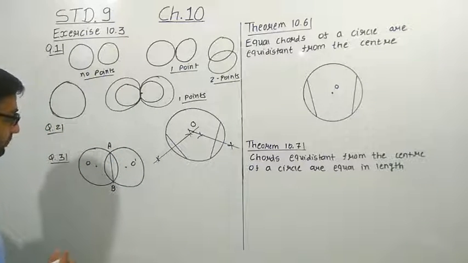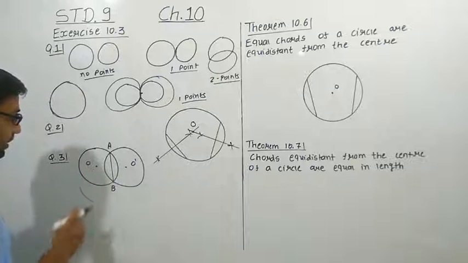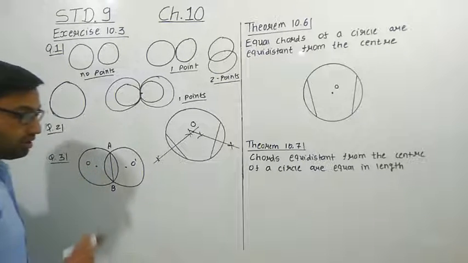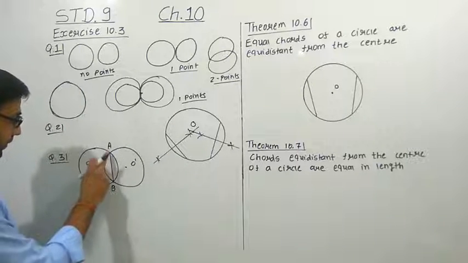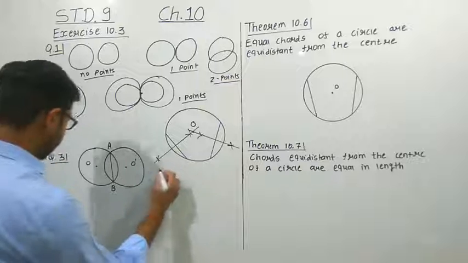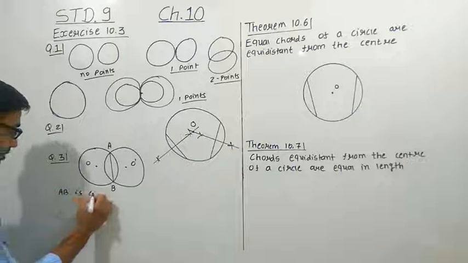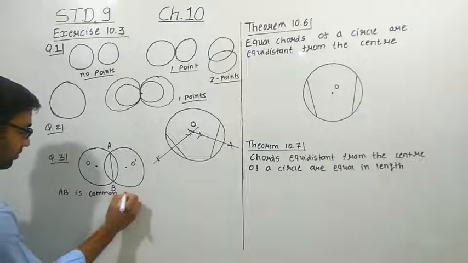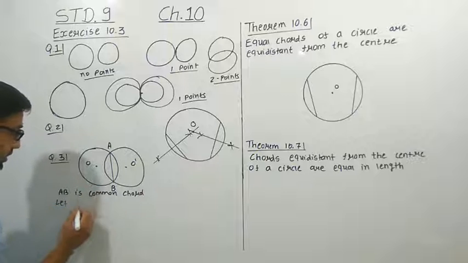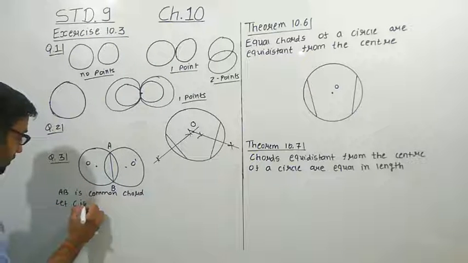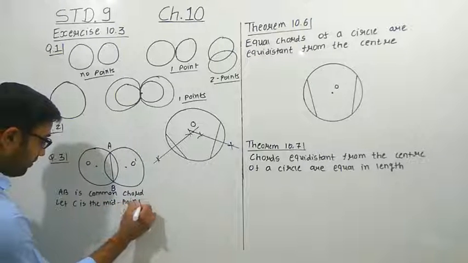So let us do one thing. First of all, consider this circle, and according to the theorem, let us take here AB as the common chord, and let C be the midpoint.